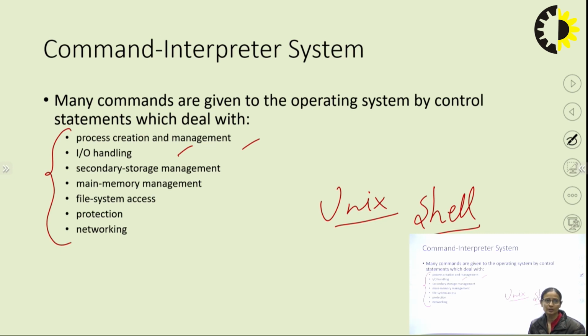All the interpretation is done by this particular shell. And once it checks that the command is valid and the arguments are right, it will send this command to the kernel for execution. So the command interpreter system is very important.